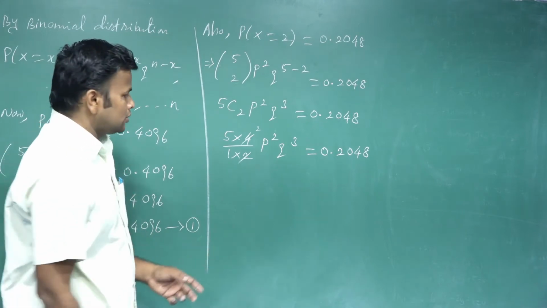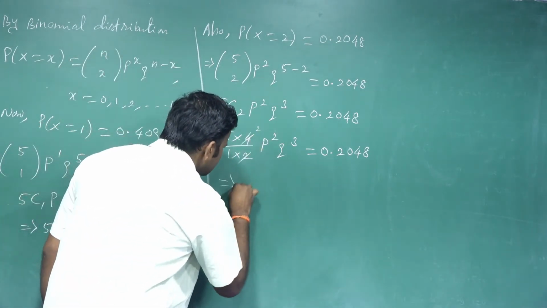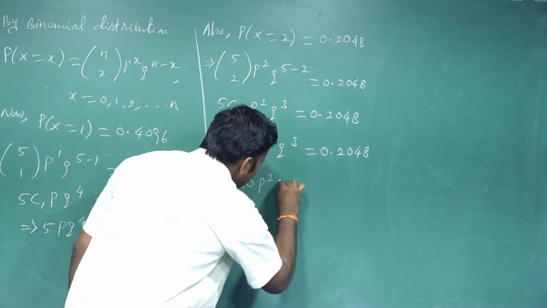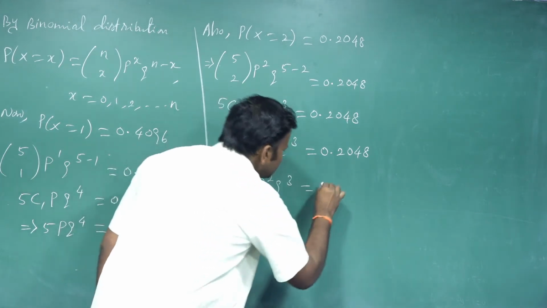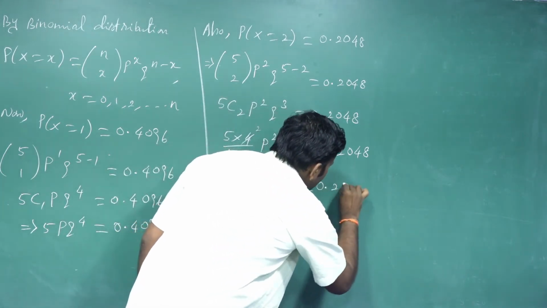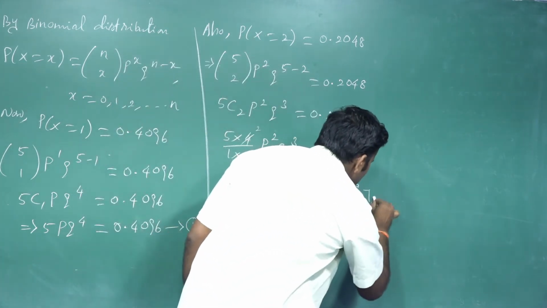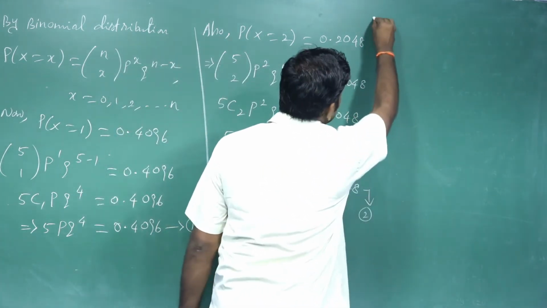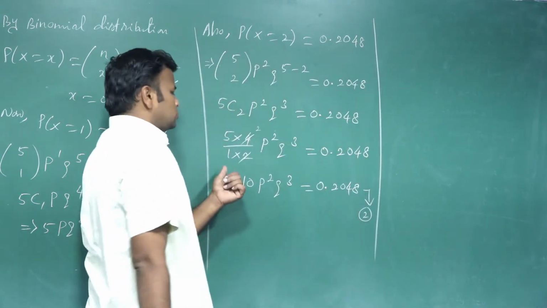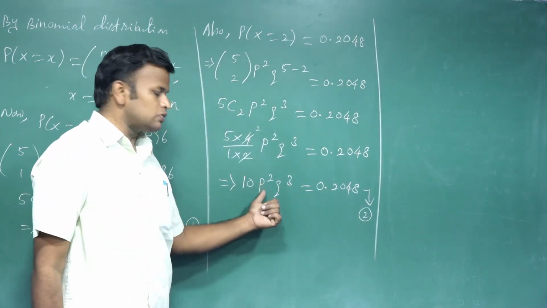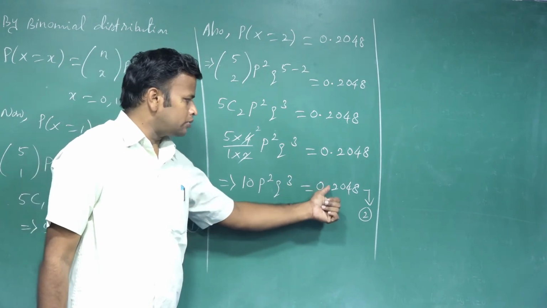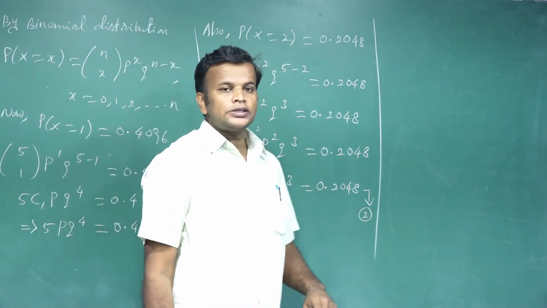Twice 5 is 10. So 10 P square into Q cube is equal to 0.2048. So this equation also we used. So I put it as the second equation. The value of 10 P square Q cube is 0.2048. Now I put it as the second equation.